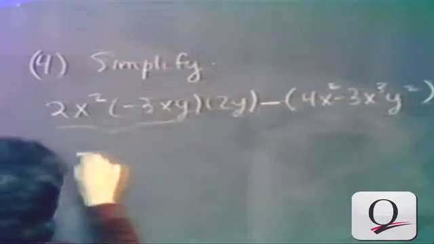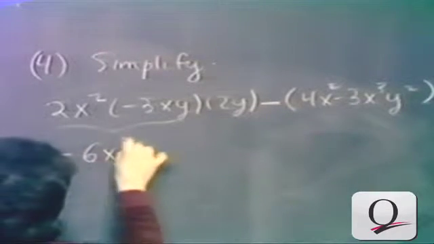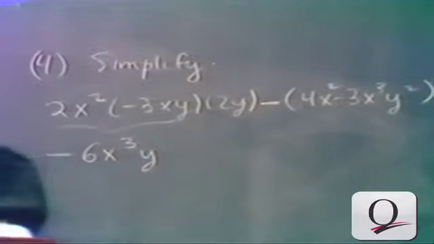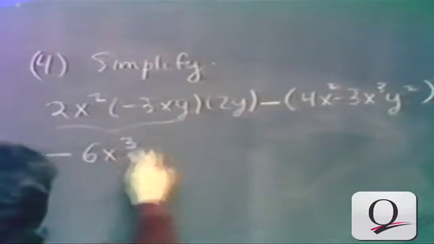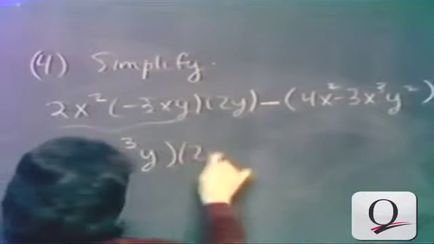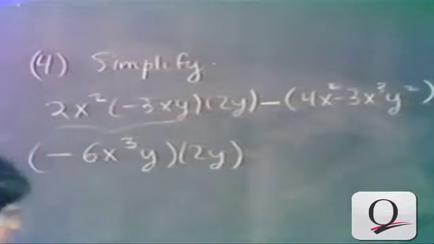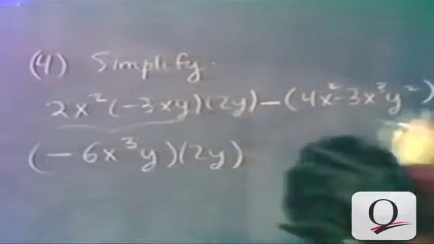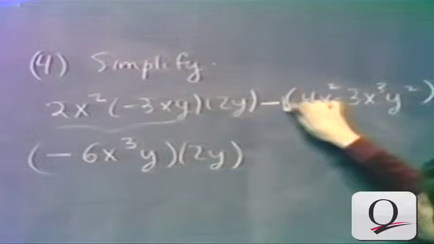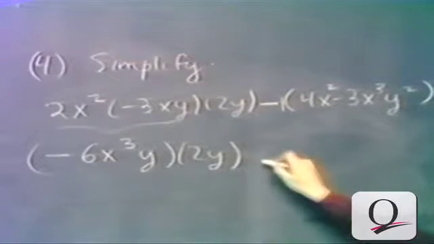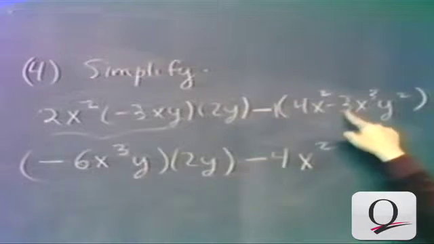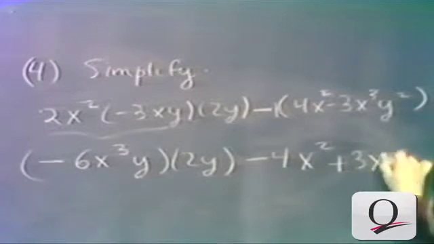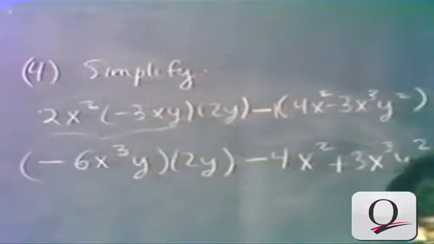We'll have here minus 6x cubed y times 2y. Take away. Now here we certainly do need a distributive law. It's like minus 1 being distributed through the parentheses. Minus 4x squared minus 1 times minus 3 plus 3x cubed y squared.